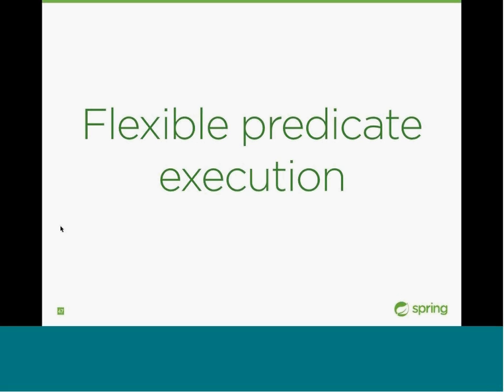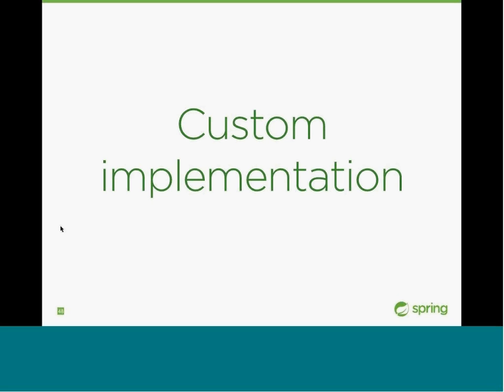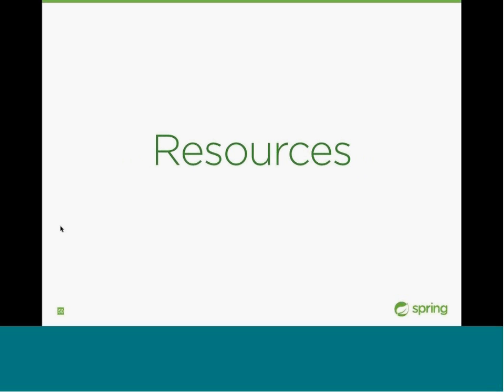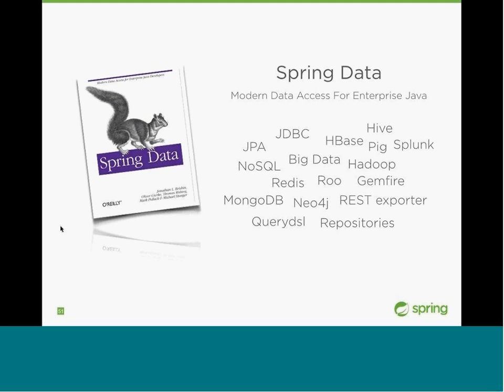There's a bit of lipstick on it as well to make it easier to define the predicates. You can, of course, plug your custom implementation code into the repo. And there's a CDI integration for those of you stuck with Java EE. And that's effectively it.